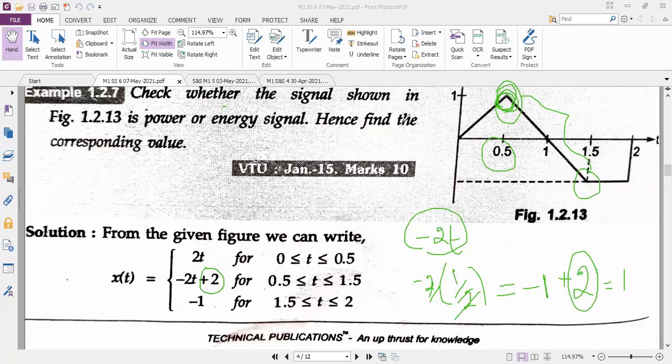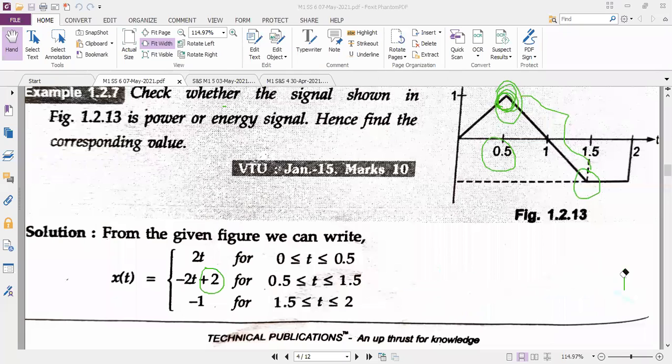Hello everyone. Yes, ma'am. So next, I have taken the limits from 0.5 to 1.5. I need not go to an intermediate number. I will directly go to the calculation at 1.5. 1.5 is 3 by 2.